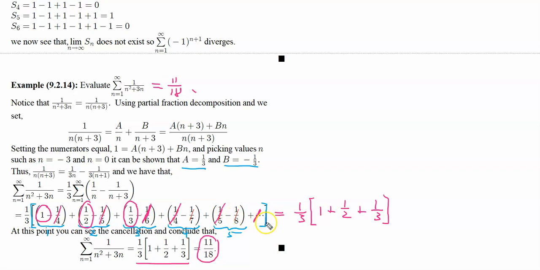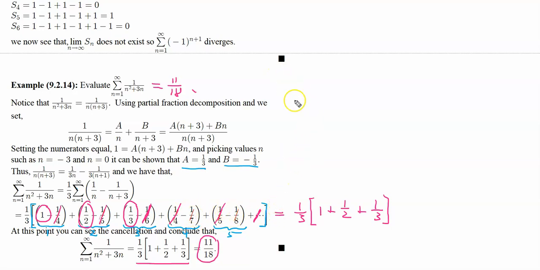The nth partial sum would contain some of the terms at the end, but they would all be of the form like 1 over n, 1 over n plus 1, 1 over n plus 2 perhaps, but you can see they would all go to 0 as n goes to infinity anyway. So that's why we didn't really consider the nth partial sum for this example, because we could see that these terms are all going to 0.